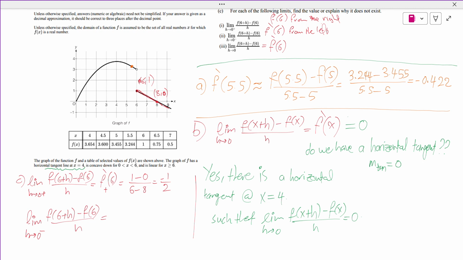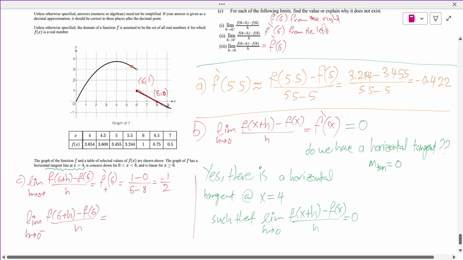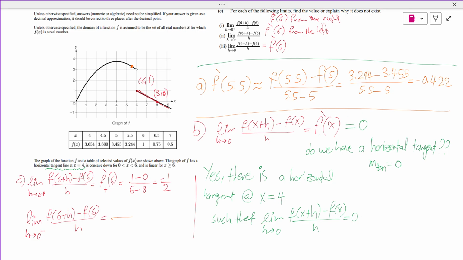Okay, and this means what? Now what if we substitute h equals 0 from the left? Here we will get 0, right? Because we are substituting the 0. And f of 6, it's 1 from the table, right? But what is f of 6 plus h when h approaches 0 from the left?